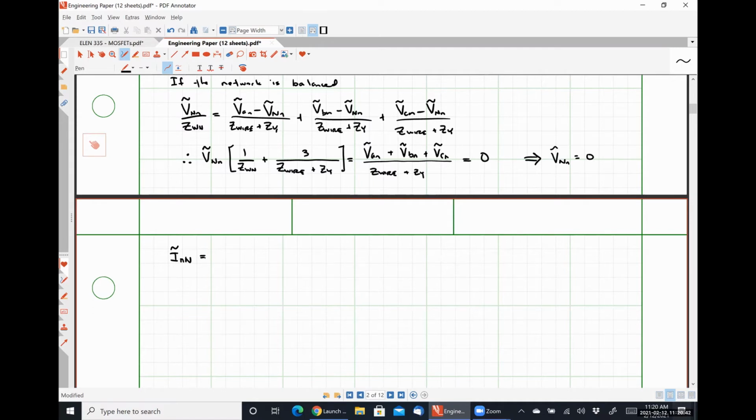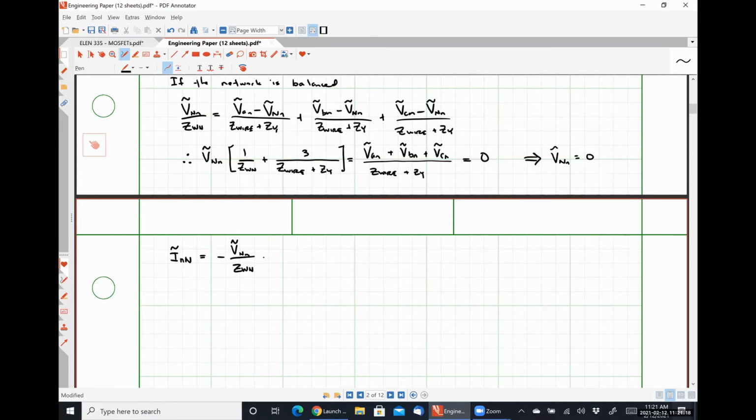Well, it should be negative V capital N lowercase n divided by ZWN, where the negative sign is coming from the fact that I'm using lowercase, uppercase subscripts on the left-hand side of the equal sign and uppercase, lowercase subscripts on the right-hand side of the equal sign. I know all this bookkeeping is going to get awful, but we're very, very quickly going to approach a point where it's going to be really trivial.